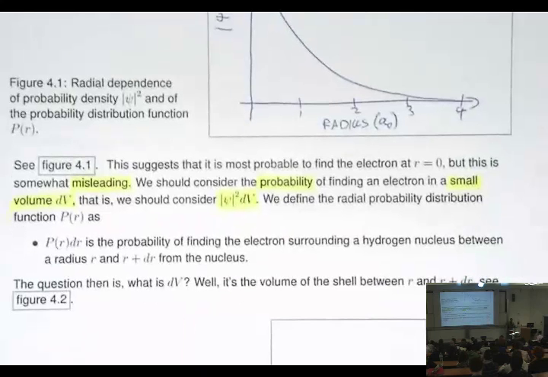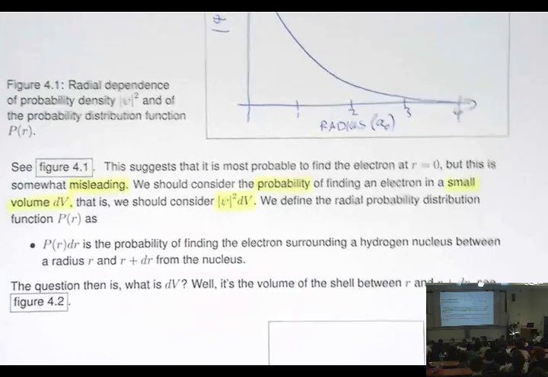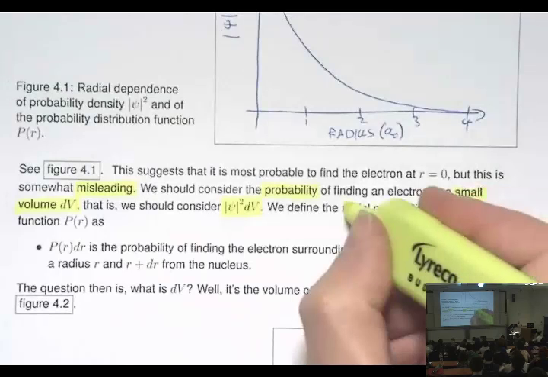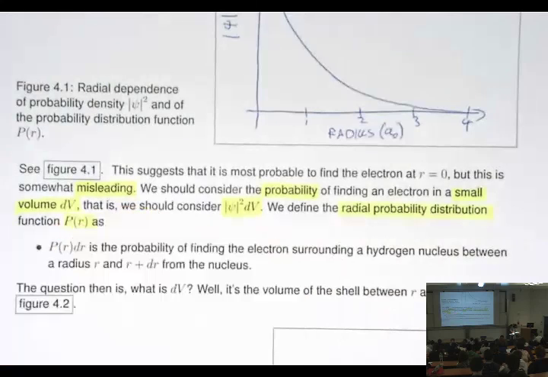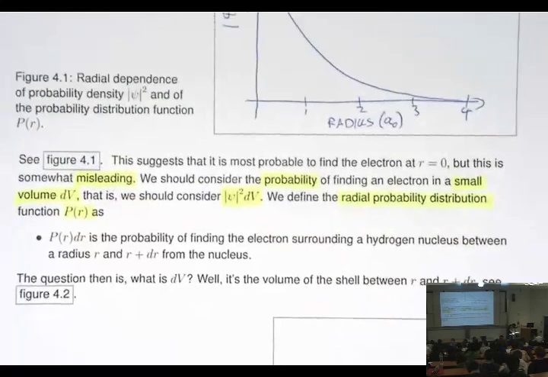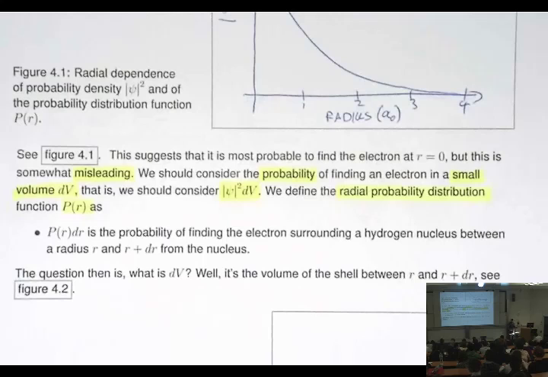Just the same with any probability distribution, you always end up with the probability distribution and a little width, never just the probability distribution all by itself. So we're going to define something, which we're going to draw in a minute, called the radial probability distribution, and we're going to call it P of r. So what is P of r? What does it actually physically mean?